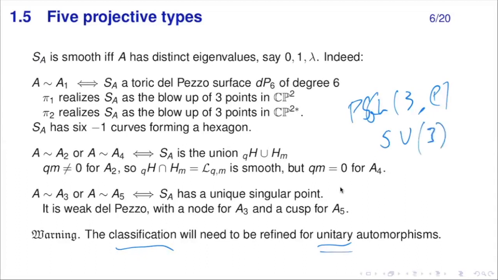And so really all this classification of these 5 classes becomes much finer when you conjugate by SU3 instead of by SL3C. I won't be saying anything more about that classification today, but it does underlie what will come later.